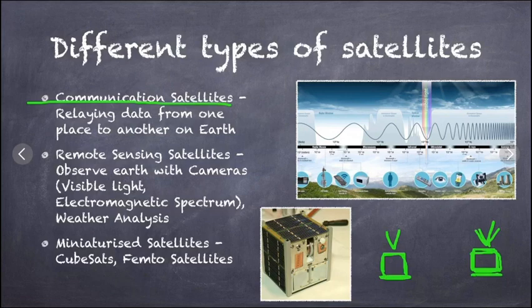So these TVs are basically taking the data that is relayed from a satellite. You have a satellite right here which is relaying data to these TVs on earth. Where is it getting its data from?